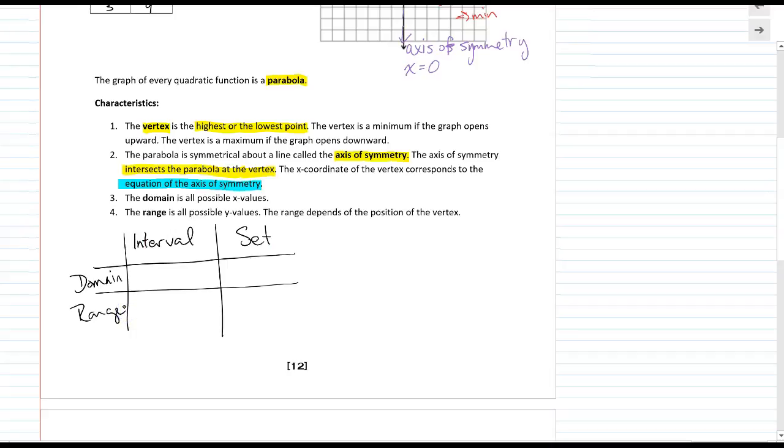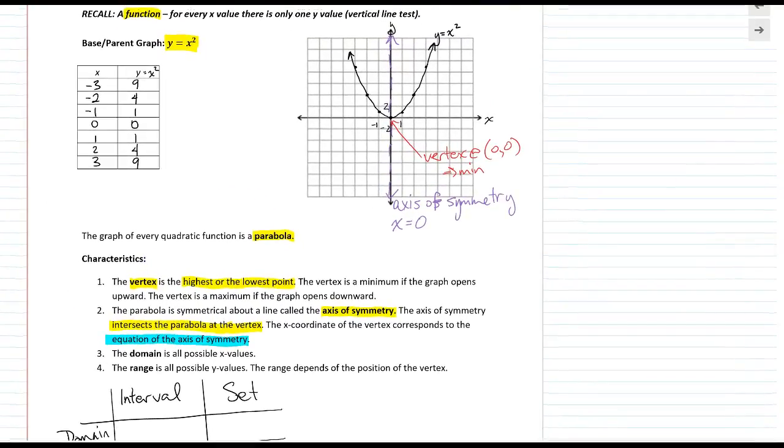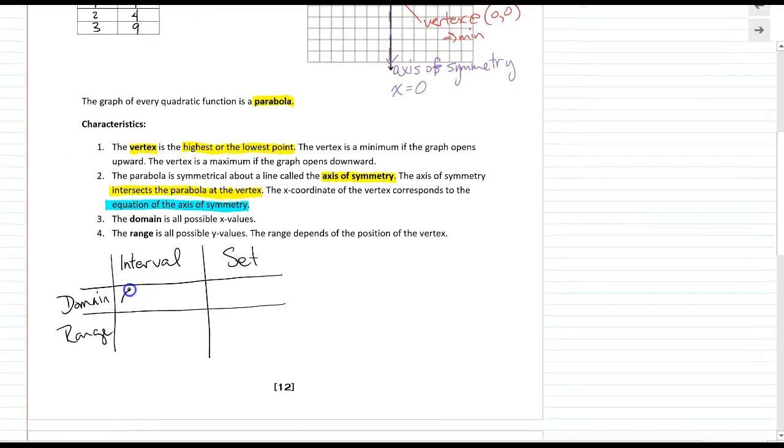So for my domain, there's no restrictions. X could be absolutely anything. And we can see that on our graph because it keeps expanding wider and wider. Now it's going to get steeper and steeper, so that expansion to the left and the right is going to be really, really slow, but it is still happening. So I would say that it's from negative infinity to positive infinity.